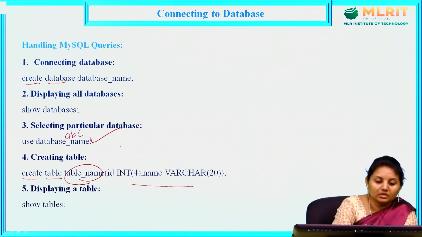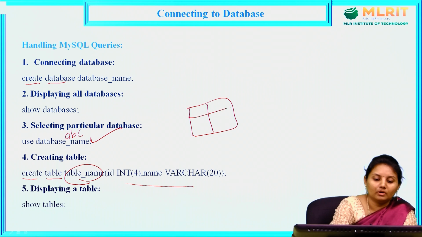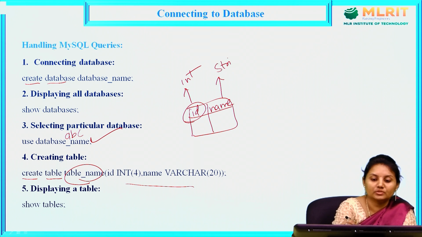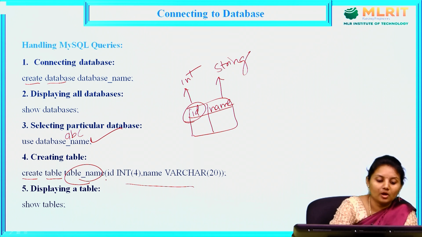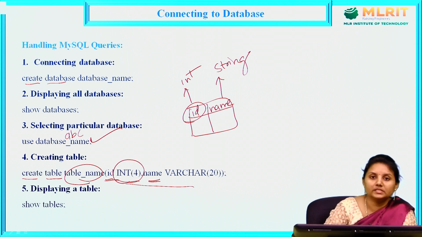So I want the first column of this will be ID and the next column will be name. Okay, and the ID will be obviously an integer. Name will always be string. So here along with the name of the fields ID and name, we have to give its type also.